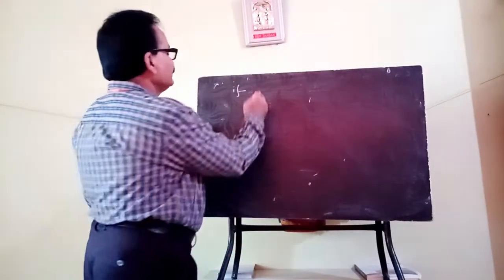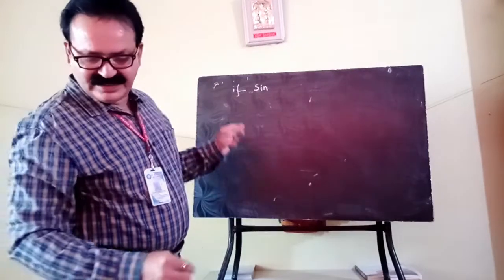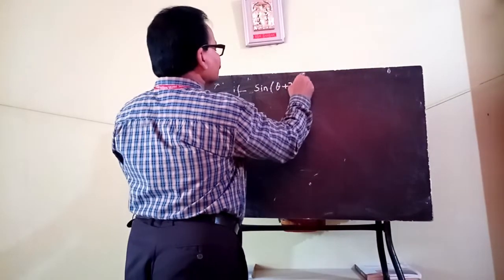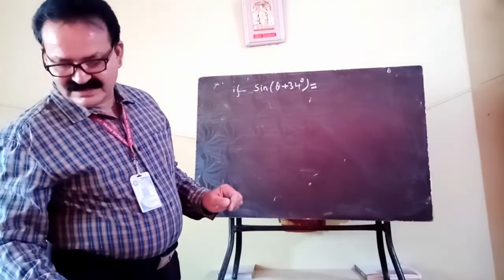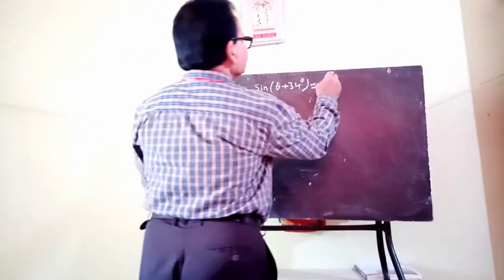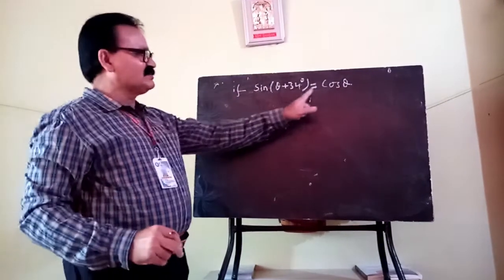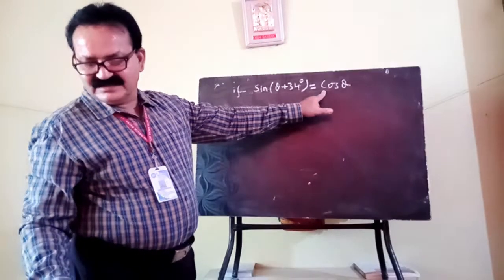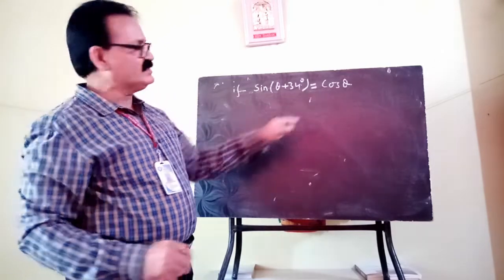If sin of theta plus 34 degree equals cos theta, and theta plus 34 is acute.